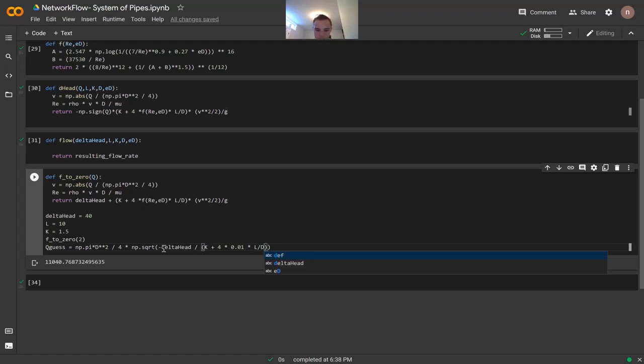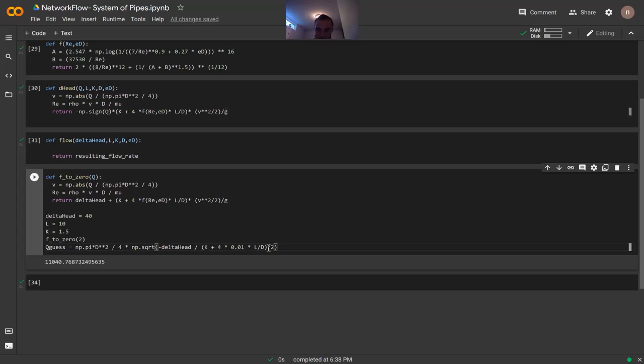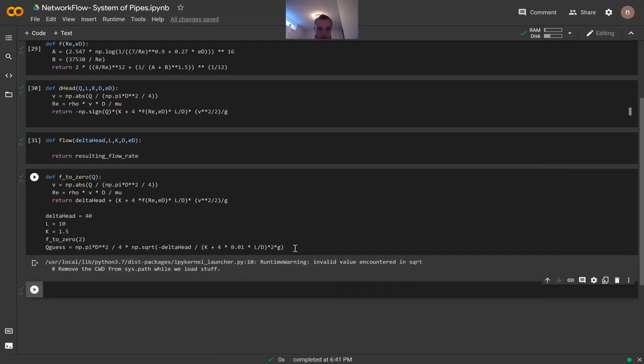And then this will be multiplied by 2 times g. And this will give us a good initial guess for our flow.